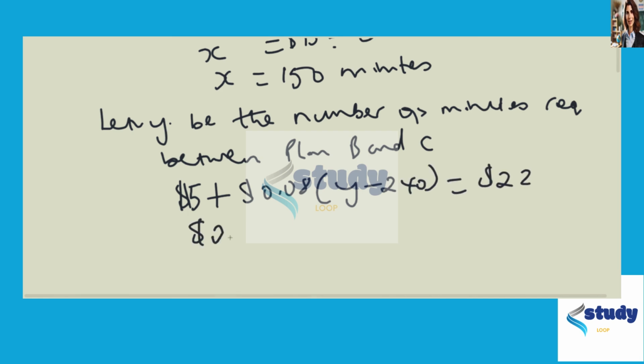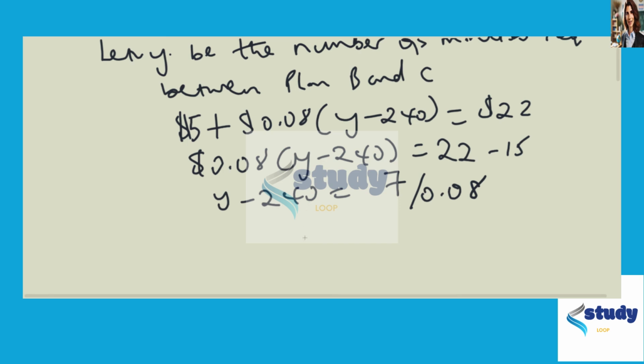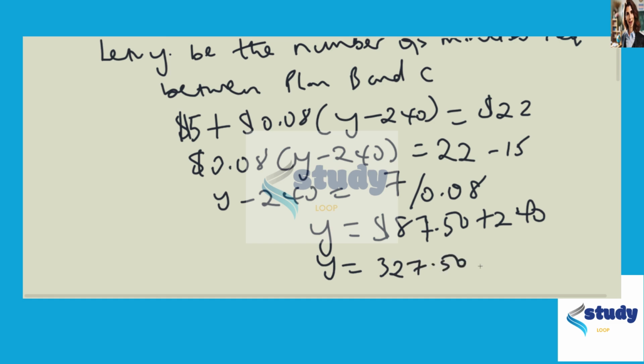Then 0.08(y minus 240) is equal to 22 minus 15, and y minus 240 is equal to 7 divided by 0.08. Then y is equal to 87.50 plus 240. So y is equal to 327.50 minutes.